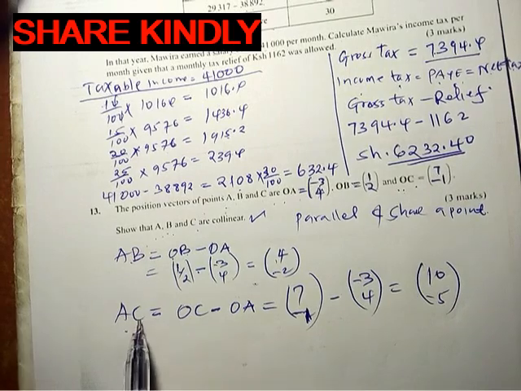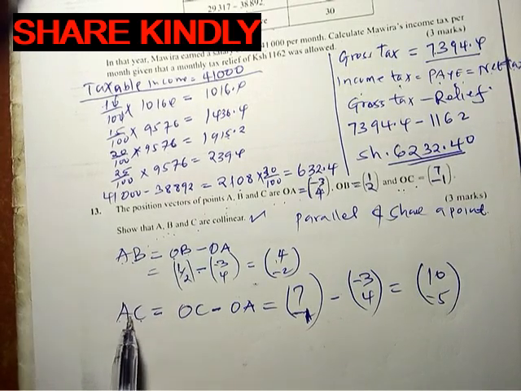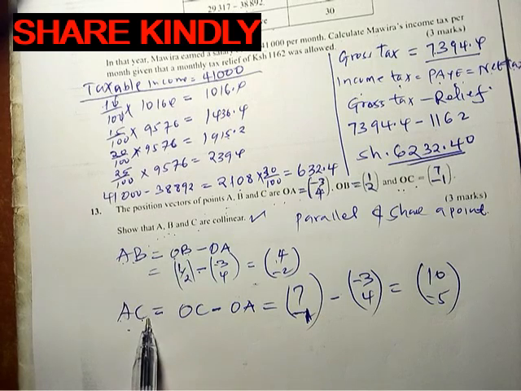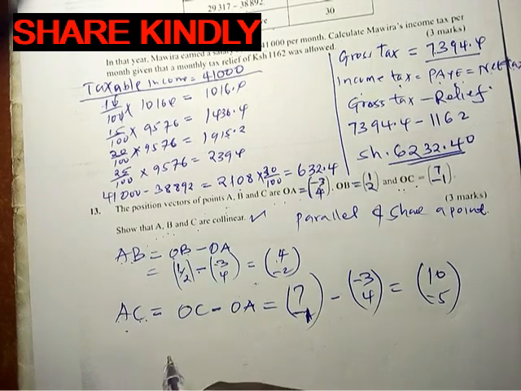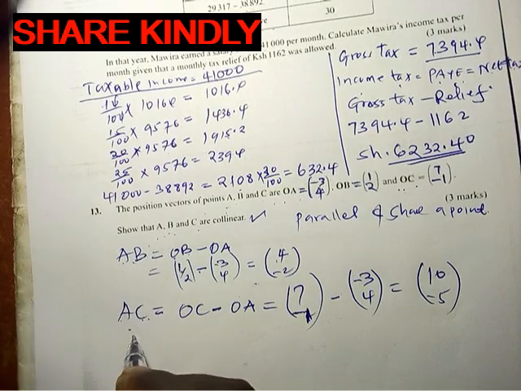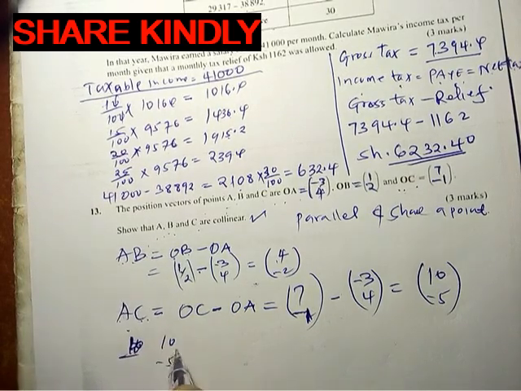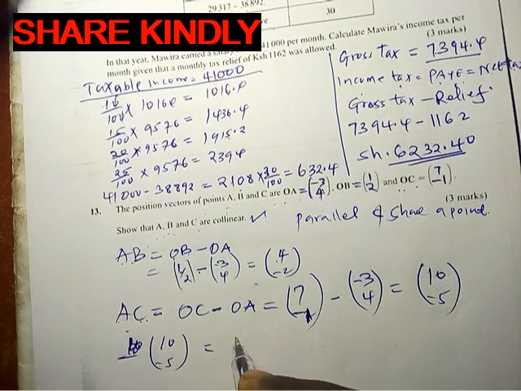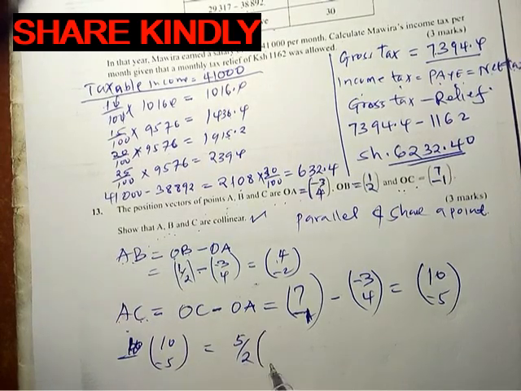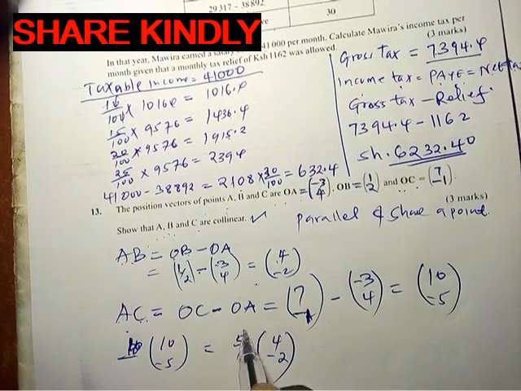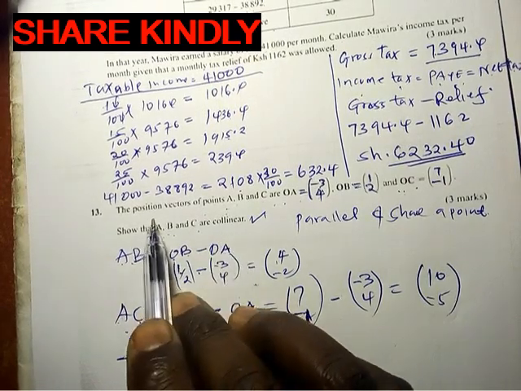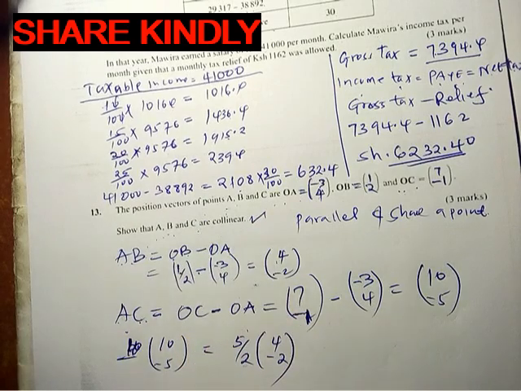So we look at what is the relationship between AB and AC. We realize that 10, -5 is the same as 5/2 of 4, -2. And we are looking for a number here. For two vectors or three to be collinear, one must be expressed in terms of the other.